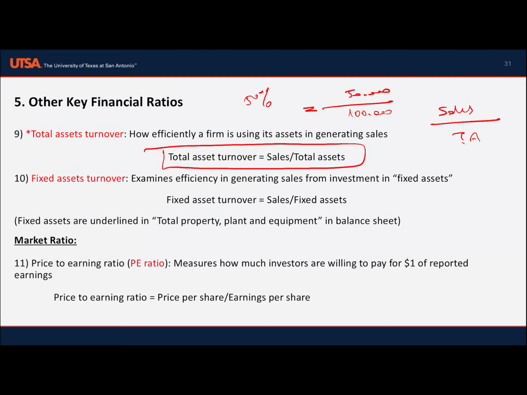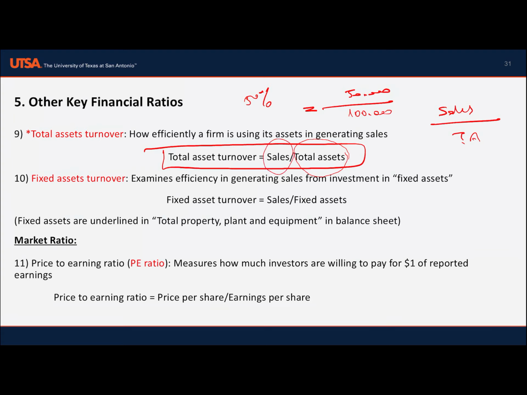The higher the ratio, the better the firm is, because for some amount of total assets, it can generate more sales.